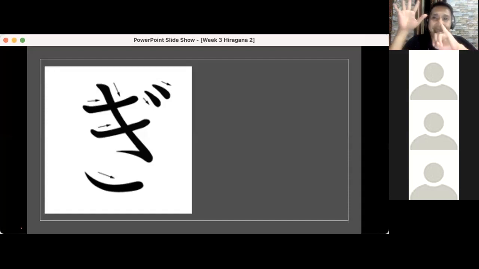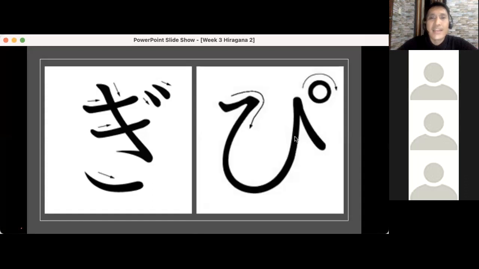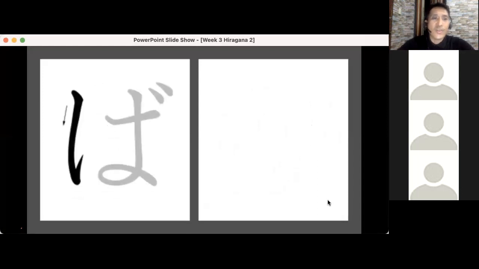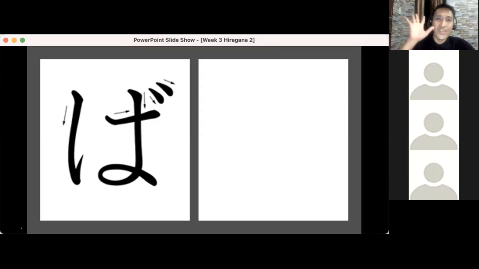So there are 6 strokes in writing gi. Okay. Ito naman, ilang strokes siya? Ichi, ni. So dalawang strokes siya. Okay? So tingnan natin to. Ilang strokes? Ichi, ni, san, yon, go. So there are 5 strokes, no? Kita natin. Ichi, ni, san, yon.